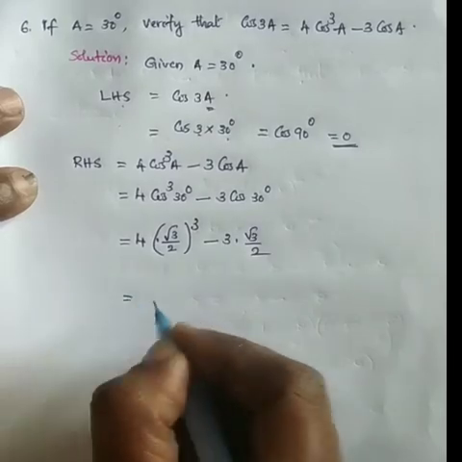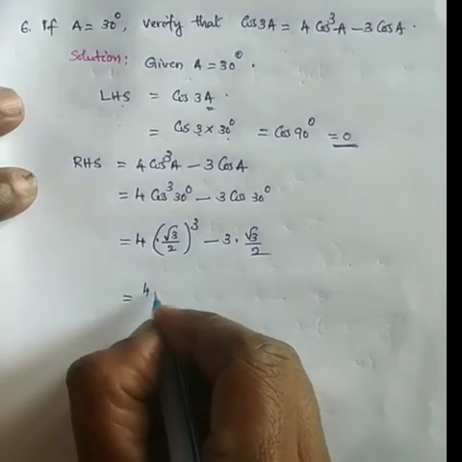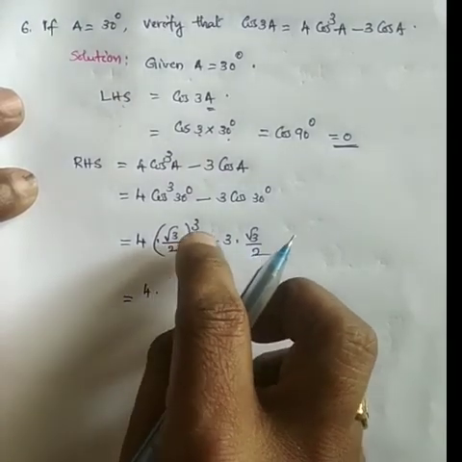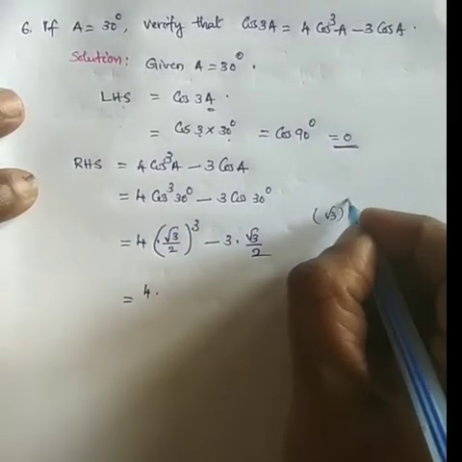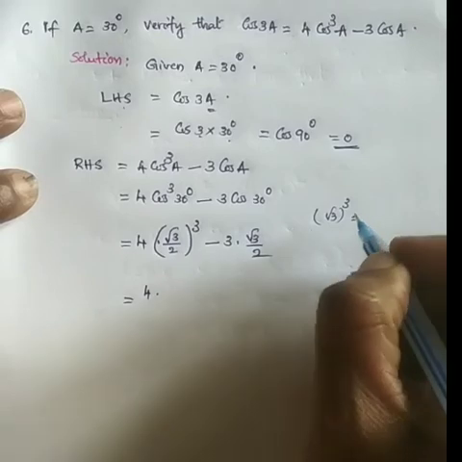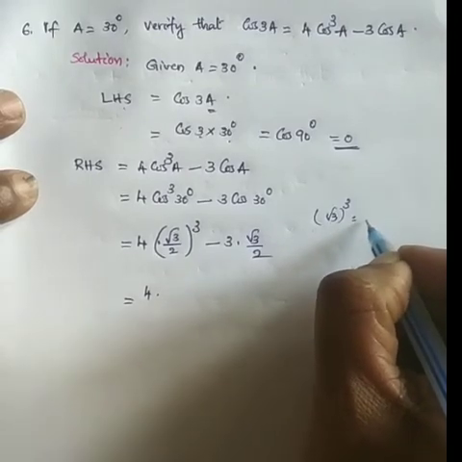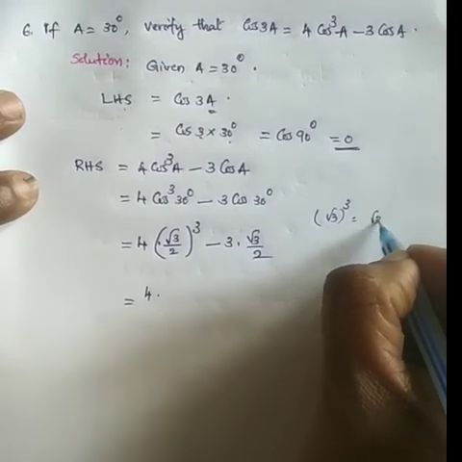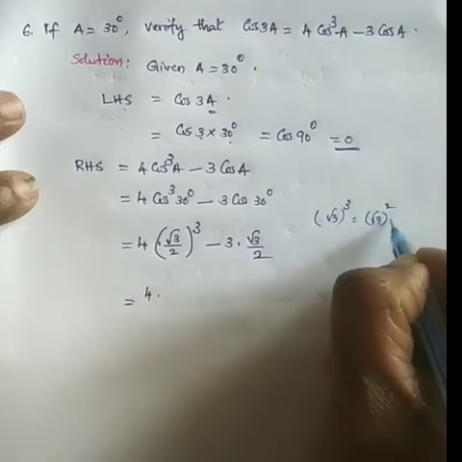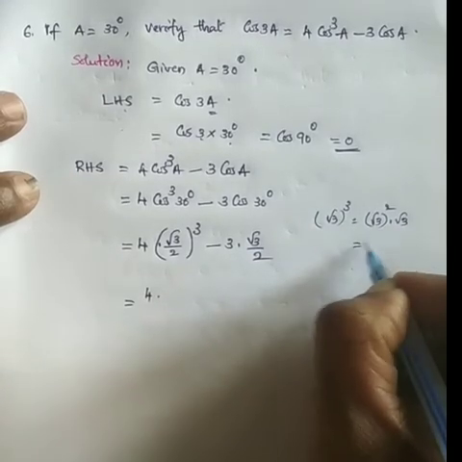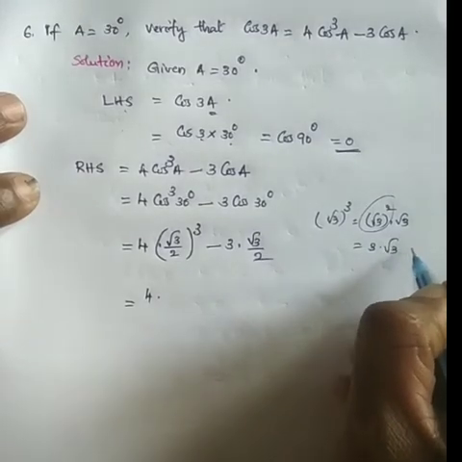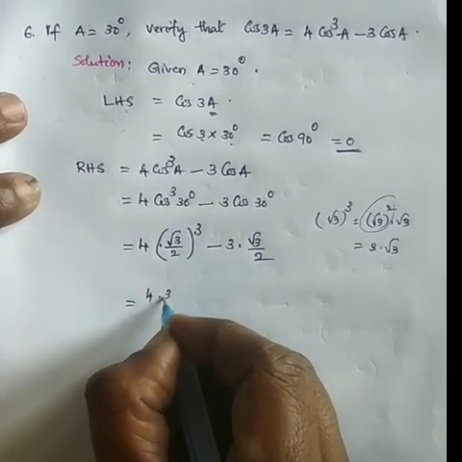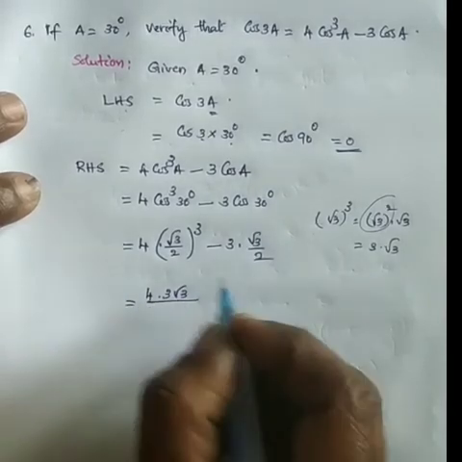Root 3 the whole cube we can rewrite as root 3 the whole square into root 3. Root 3 the whole square is 3, so it is 3 root 3. That is 4 into 3 root 3 divided by 2 cube.